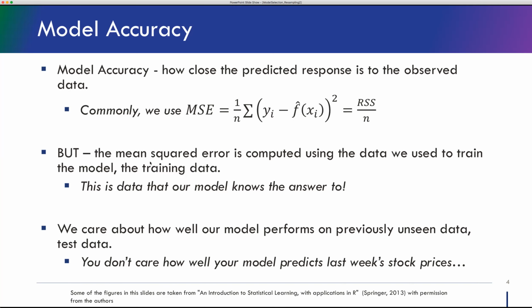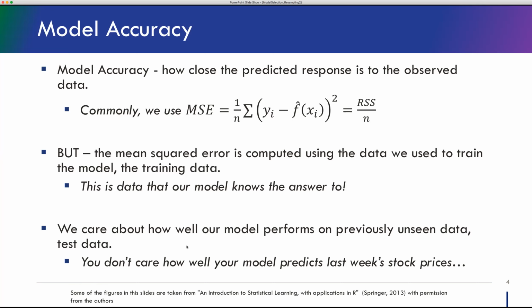But this mean squared error is computed using the data we actually used to train the model. That's the training data, where the model knows the answer. And we mentioned we care more about how well our model performs on previously unseen data, which is the testing data.